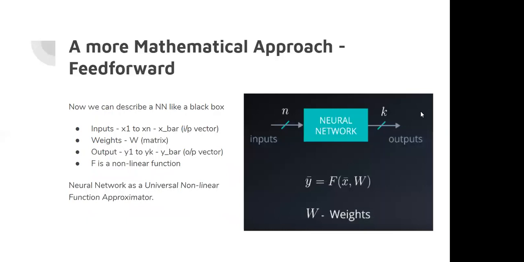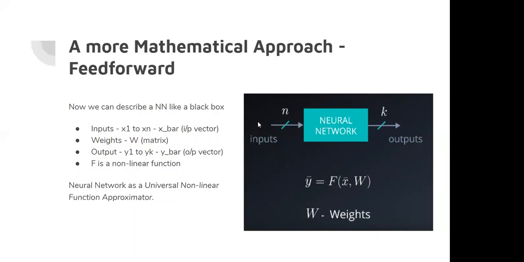If I want to describe a neural network in the form of a black box, listen carefully. We have these n inputs, from x1 all the way to xn. Now this becomes a vector. This is not a single number anymore, guys. It's called x bar. I've written x underscore bar because I couldn't write x bar.